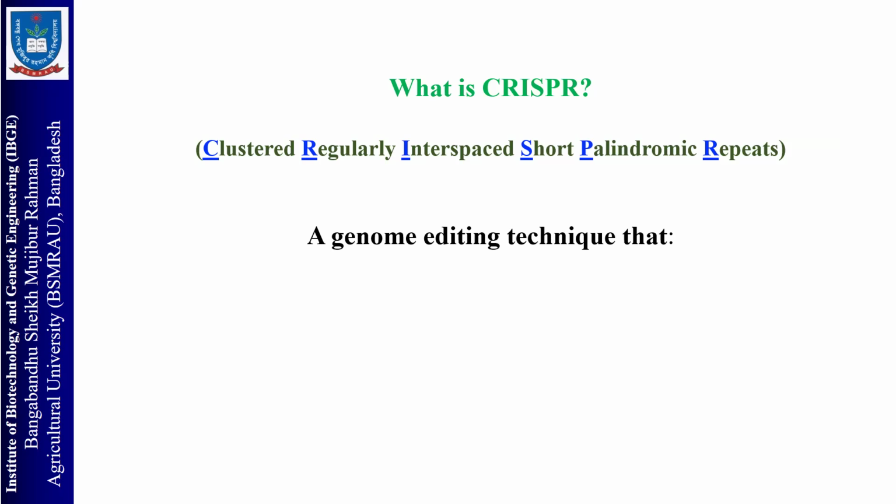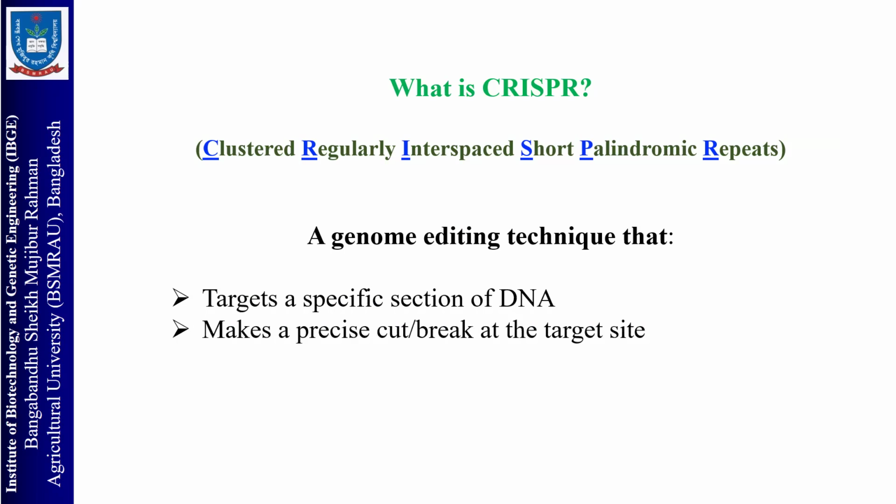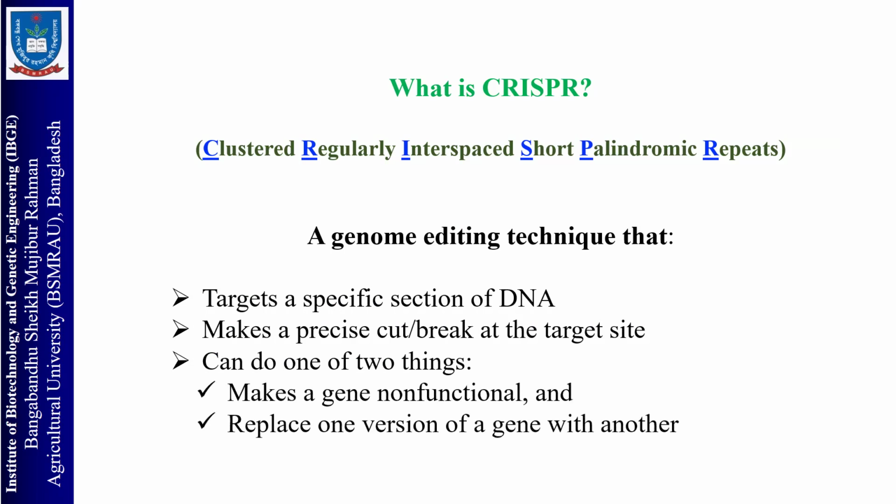The CRISPR-based genome editing technique targets a specific section of DNA and makes a precise cut or break at the target site, and can do at least one of two things: make a gene non-functional, or replace one version of a gene with another.